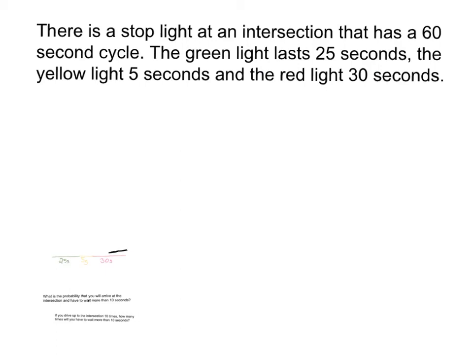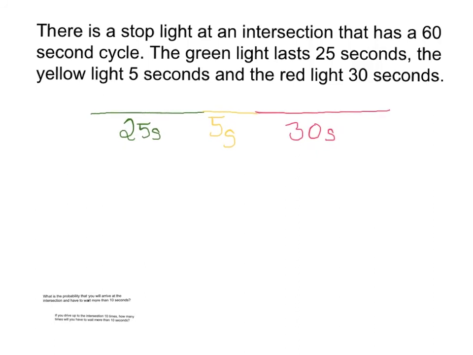Now you can represent this as one line segment that's made up of individual line segments, where you have a segment of 25 seconds, and you can think of 25 seconds as the length of the segment. We're just using segment lengths to represent length of time. So the entire interval of time would be 60 seconds.